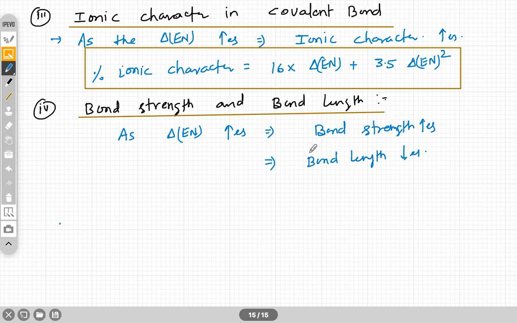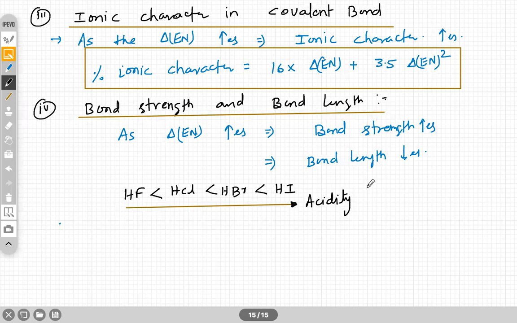Right? On the basis of this only, we can also explain the acidic behavior of these compounds: HF, HCl, HBr, HI. Tendency to lose H plus is acid. So HI has the maximum bond length. Hence bond strength is minimum here. It can easily lose the H plus ion. And hence the acidic order is this. HI is the most acidic compound among these.